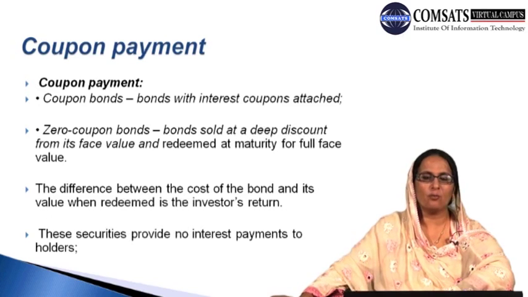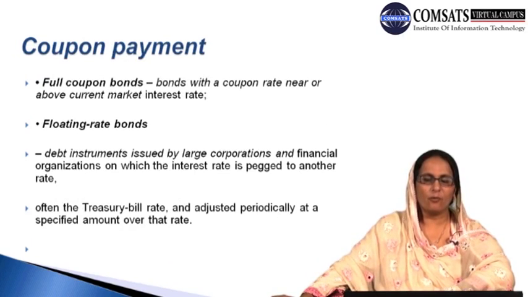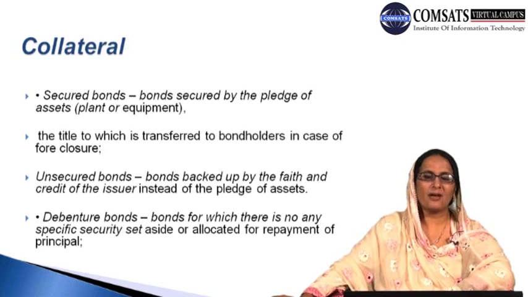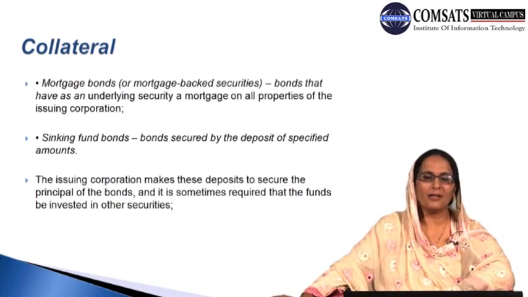Then we have the coupon payments. As far as coupon payments are concerned, we have coupon bonds, zero coupon bonds, full coupon bonds, floating rate bonds, and debt instruments. And as far as collateral bonds are concerned, we have secured bonds, unsecured bonds, debenture bonds, mortgage bonds, and sinking fund bonds.